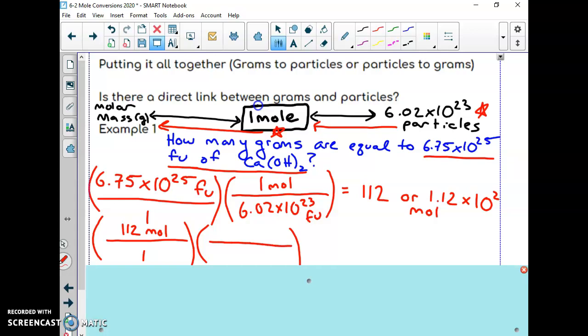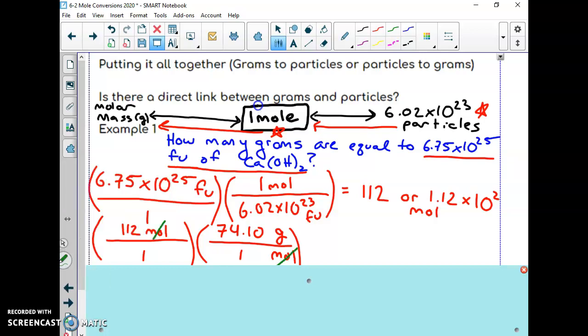We need to use molar mass again. Calcium hydroxide we've actually already used. But let's place our units. We want moles to cancel out, grams up top. 1 mole of calcium hydroxide was 74.1 grams.